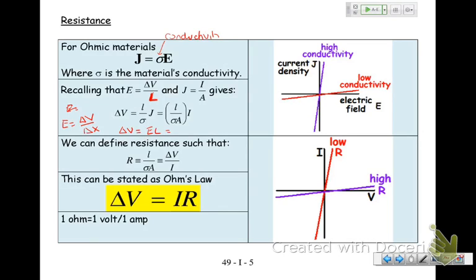And E is equal to J over sigma, so that's J over sigma times L, which equals L over sigma times A times I. So what have they done there?